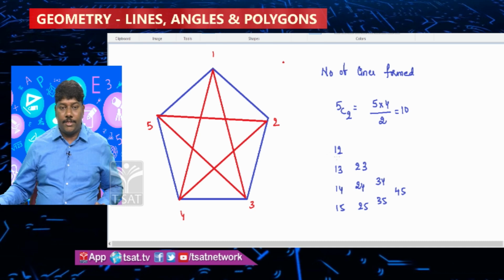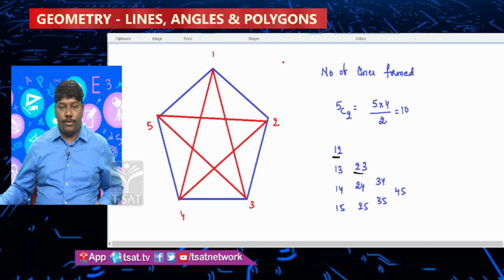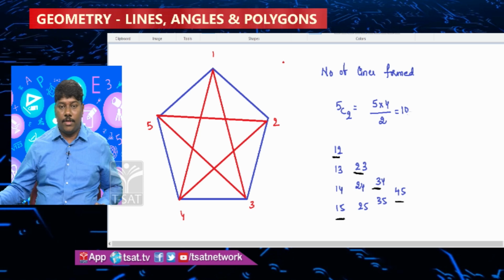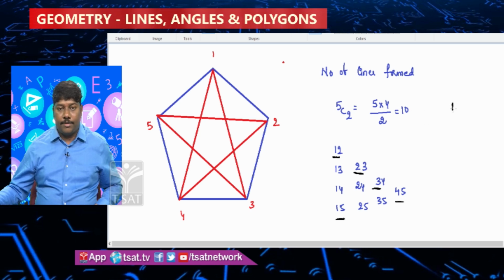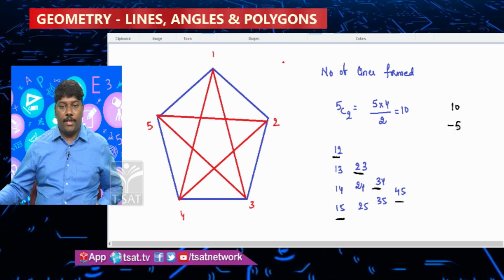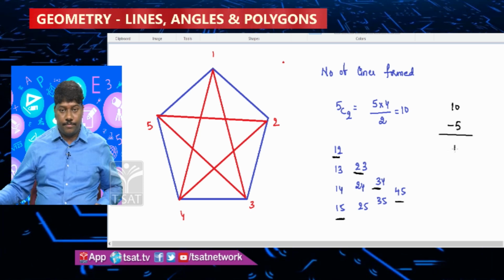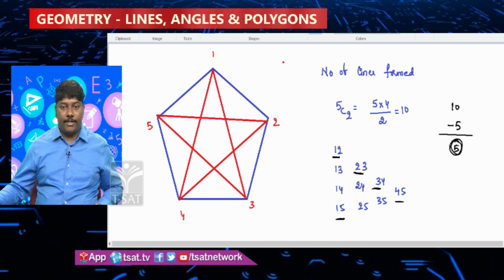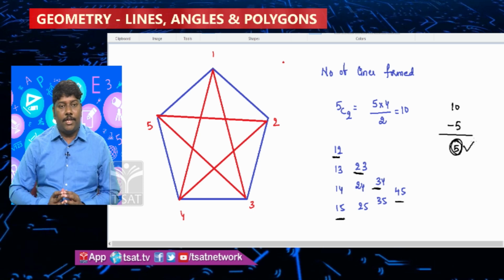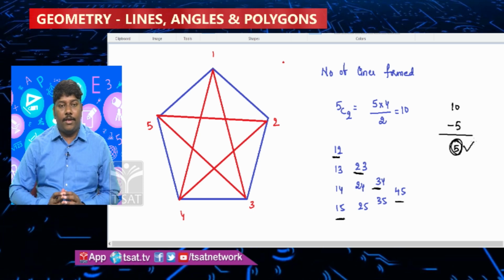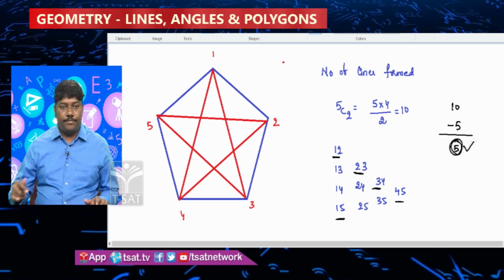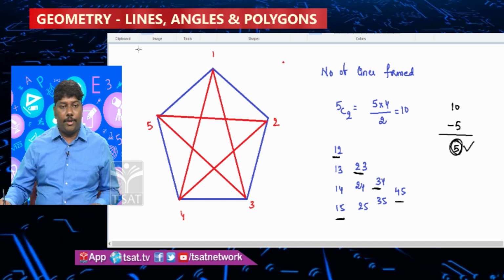So out of these, take out the blue color ones: 1 2, 2 3, 3 4, 4 5, 1 5. These are sides. So, number of lines minus number of sides. It is a 5-sided figure, so you subtract 5. Therefore, you get 5 diagonals for a pentagon. So for any polygon, you just find the number of lines formed by the given vertices and subtract the number of sides. In that way you will get the number of diagonals easily.